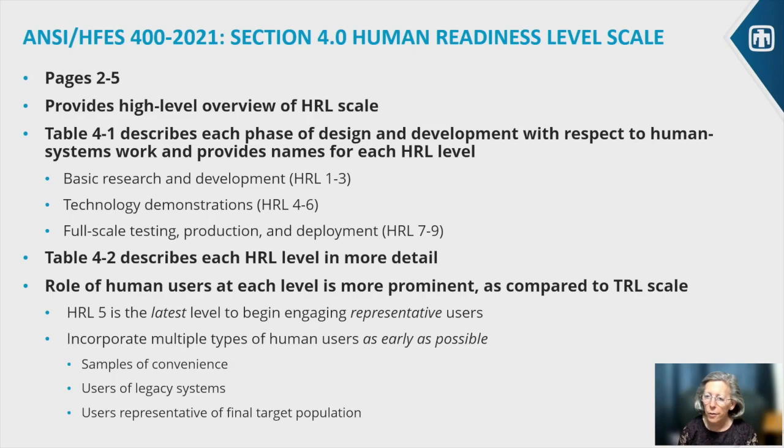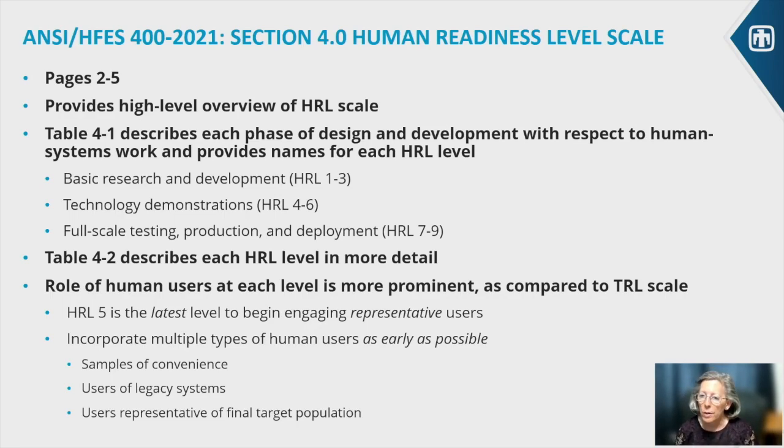We say that HRL 5 is the latest level to begin engaging representative users. Many people interpreted that as us telling them, oh, you can't even involve representative users until HRL 5. No, that's the latest level to do that. You can involve representative users anywhere throughout the process.